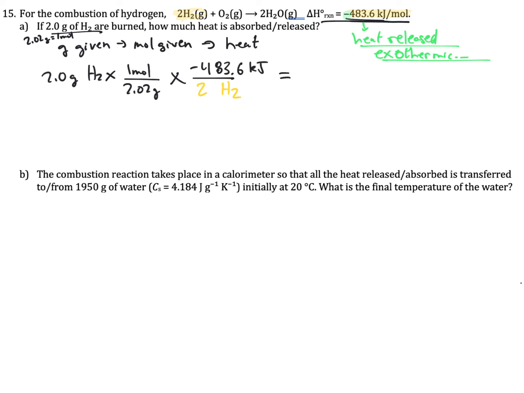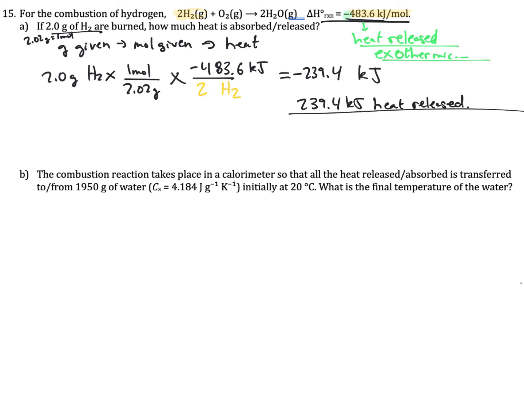And that's going to give me the amount of heat that's, in this case, released. That's what that negative sign is going to tell me. So if I go into my calculator and do 2 divided by 2.02 times negative 483.6 divided by 2, that gives me negative 239.4 kilojoules of heat. So that's 239.4 kilojoules of heat released.